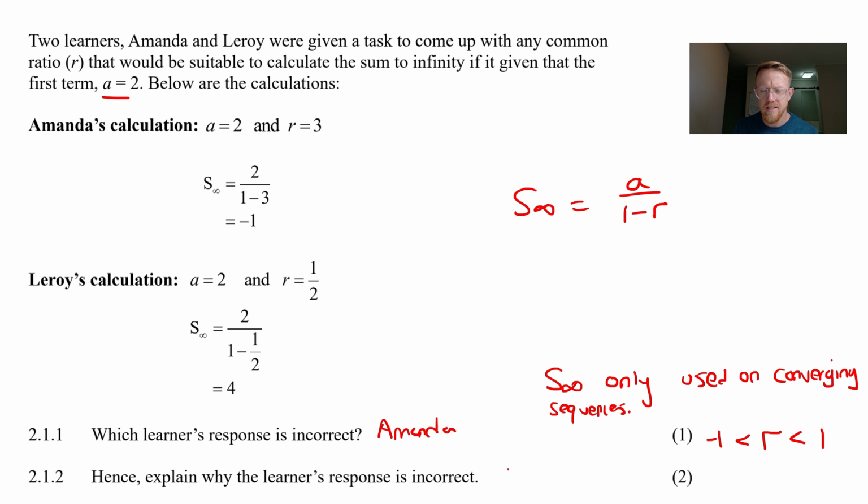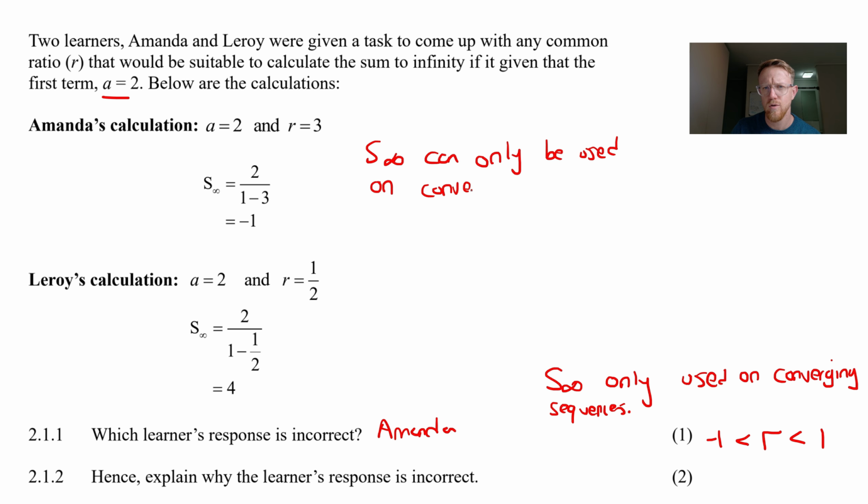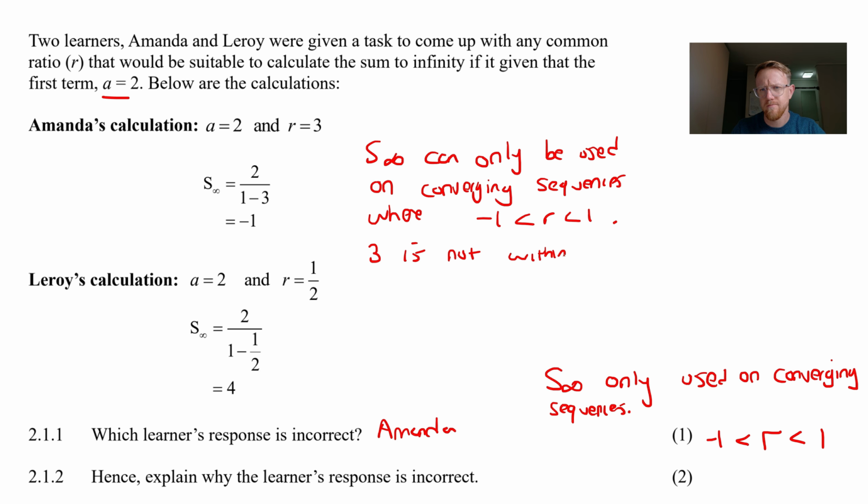We can say something along the lines of: sum to infinity can only be used on converging sequences where R is between -1 and 1, and then we can say 3 is not within the interval. Let me just write this a bit better. Interval.